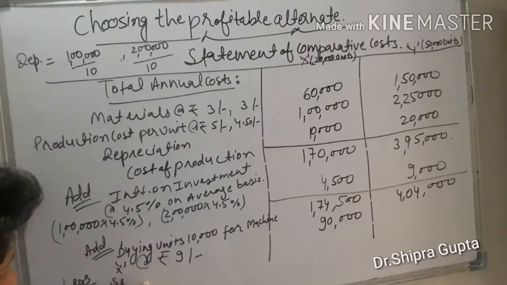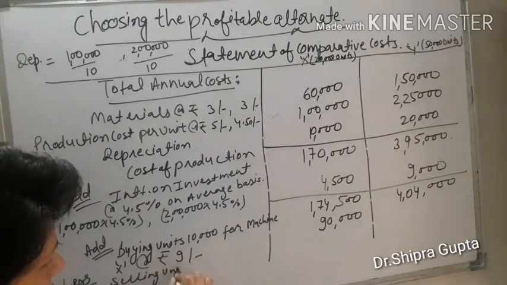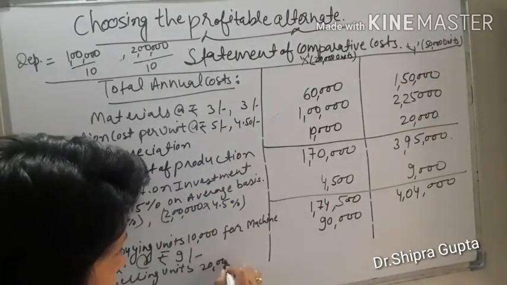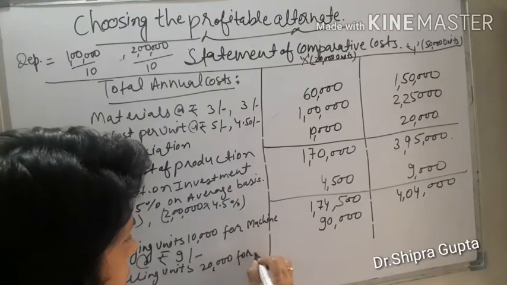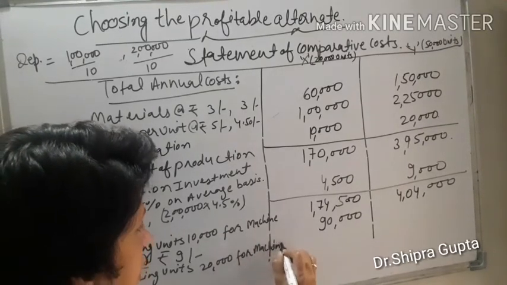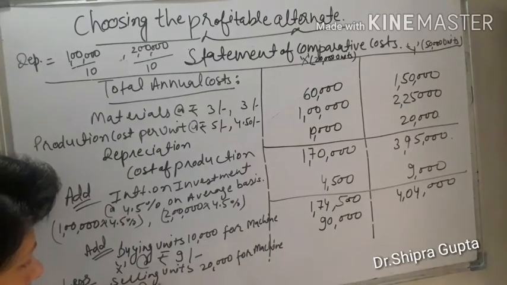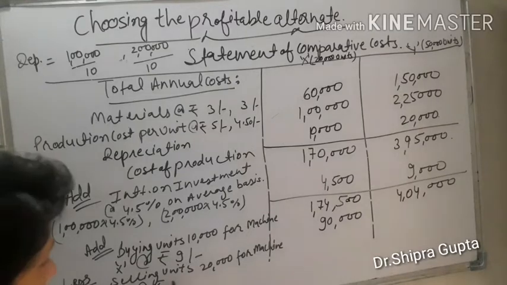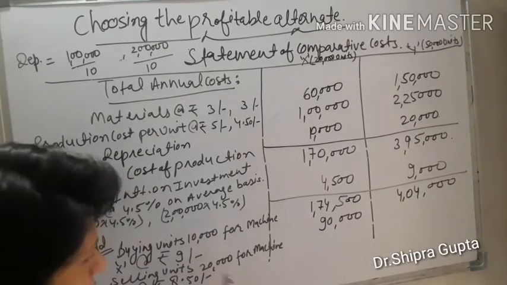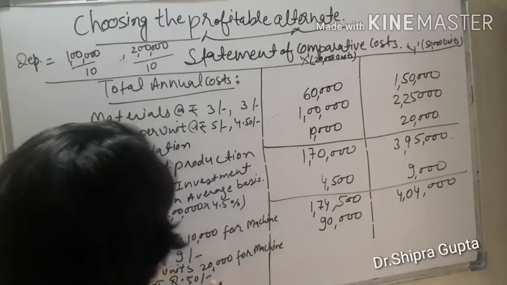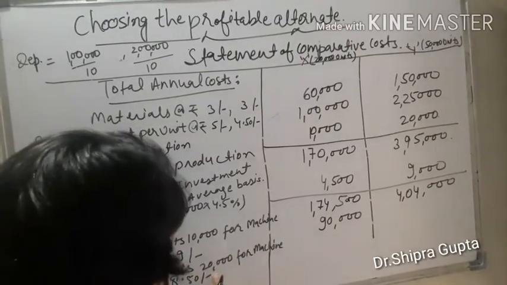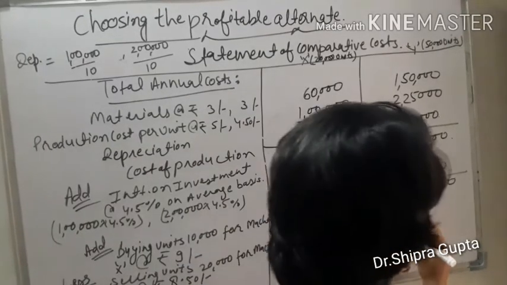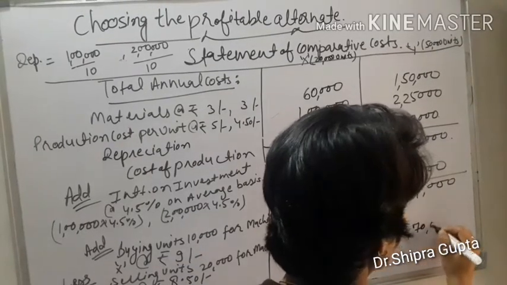Less selling units: 50,000 minus 30,000, it means 20,000 units for machine Y at the given selling price of rupees 8.50 per unit. So we multiply 20,000 by 8.50, and the value will be rupees 1,70,000, and we deduct this value.